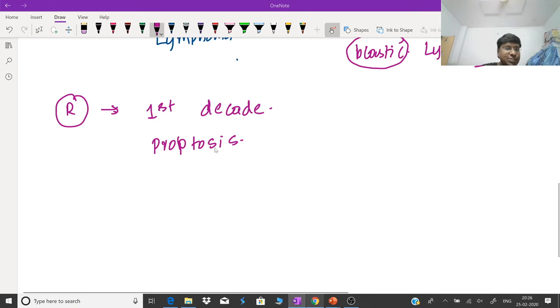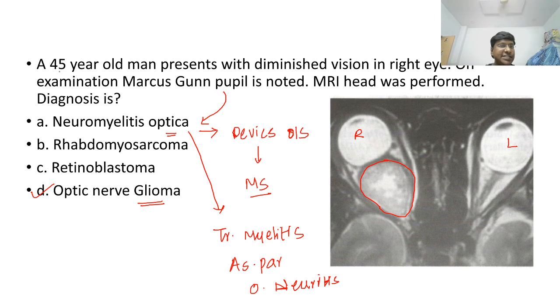Now, what is the age given in the question? That is 45 years. So that itself will make you think that rhabdomyosarcoma is not the answer. They will have proptosis, but if you look at the MRI, there is no proptosis here.